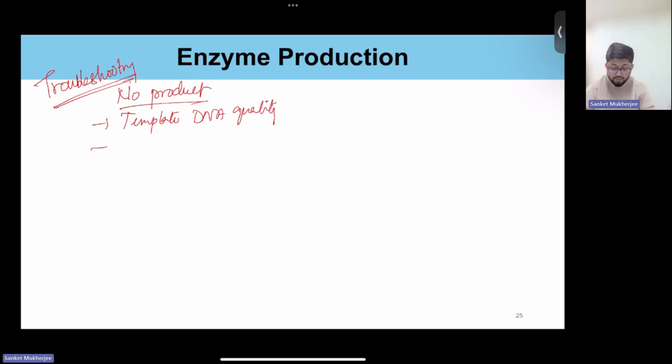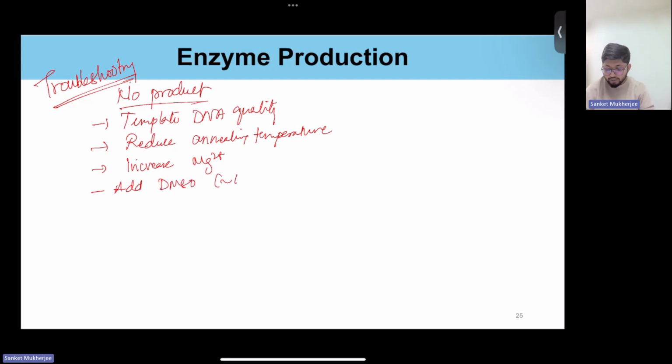You can reduce the annealing temperature or simply perform the gradient PCR. Increase magnesium ion concentration. You can add DMSO up to 10%. So what does DMSO do? It prevents formation of secondary structure.